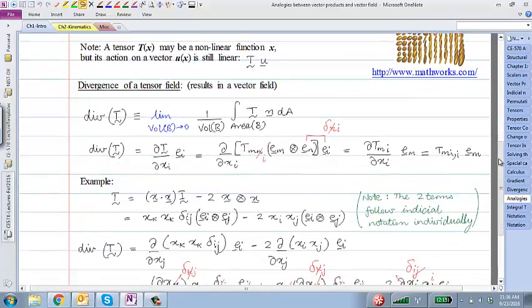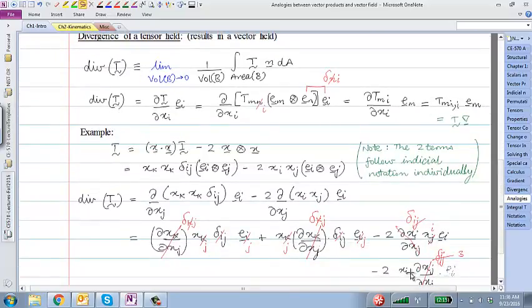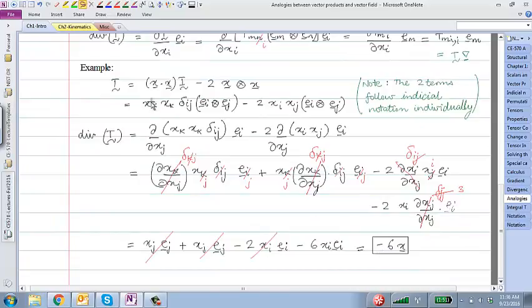And what we said was doing this is actually the same as taking the tensor and acting it on that partial operator. So you can calculate a divergence of a tensor field with any of these expressions. We did this example. We came up with divergence of this tensor field, which we tried to visualize last time, came out to be a vector field of minus 6x. Okay, so that was just the definition of how you can take divergence of a tensor field.